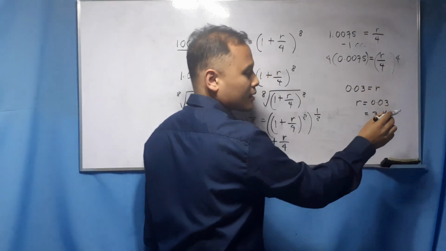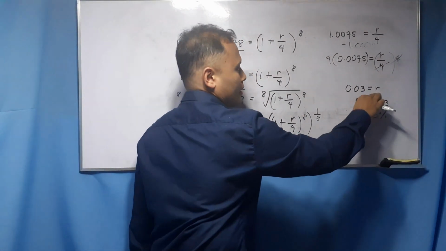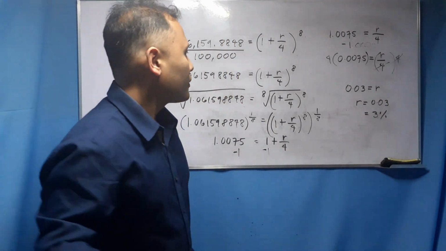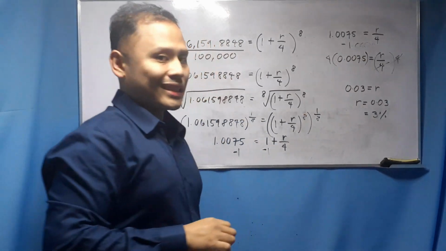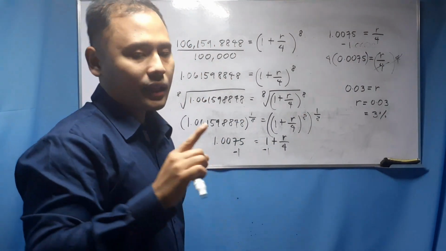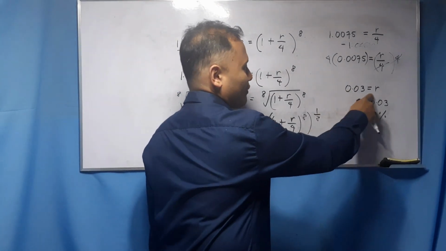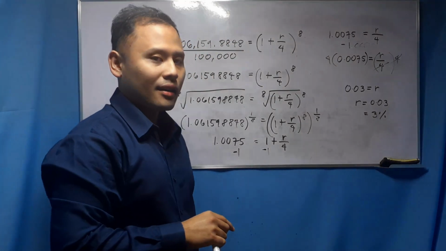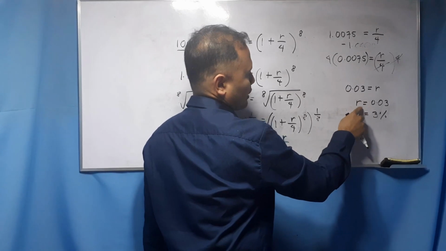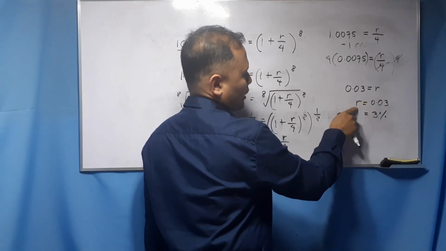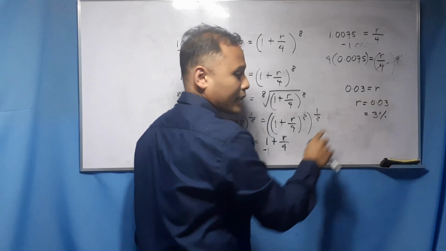Because of this, we can cancel 4, leaving only R in the right hand side. If we multiply 4 by 75/10,000ths, the product is 300/10,000ths. And this is the value of our R, the rate. We can interchange this equation. We can also say the rate or the variable R is equal to 300/10,000ths or 0.03.